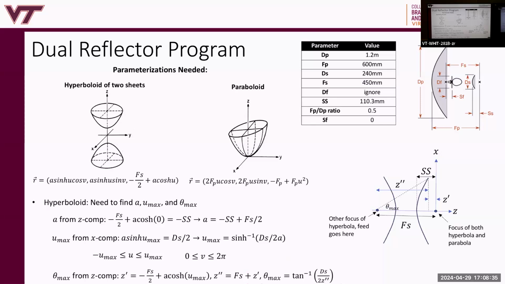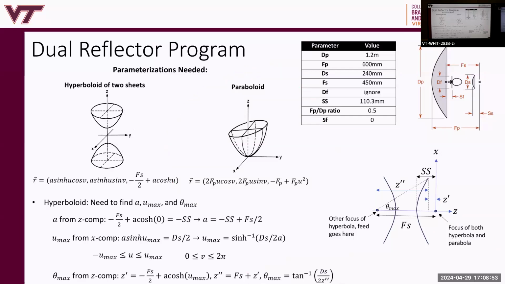Now that we've shifted everything like that, this focus here is the focus of both the hyperbola and the parabola. So that origin should be the focal point of the parabola. You just draw your parabola. Here's the parameterization for the paraboloid that I used.